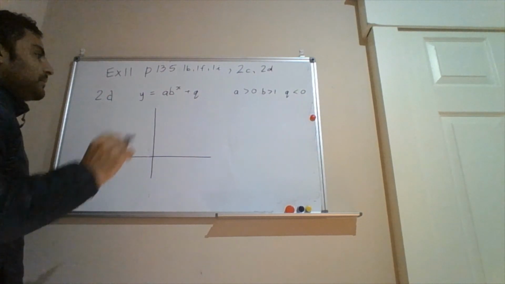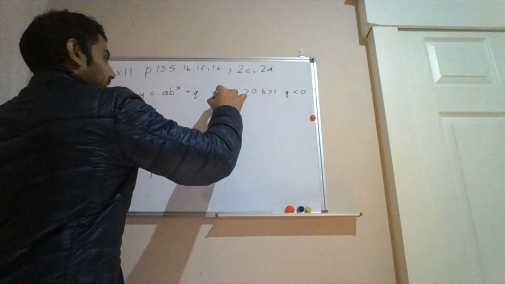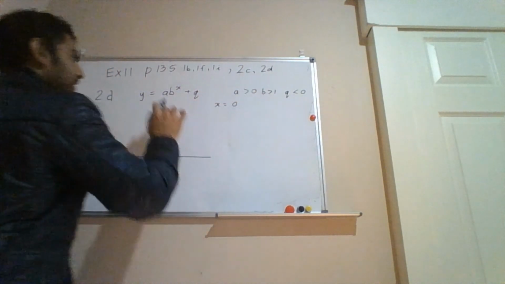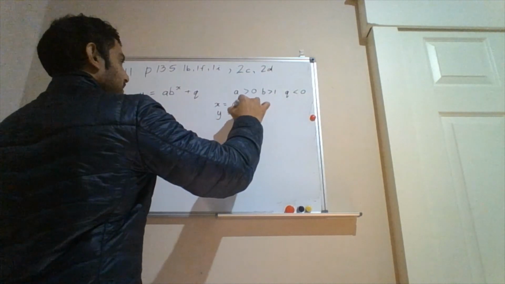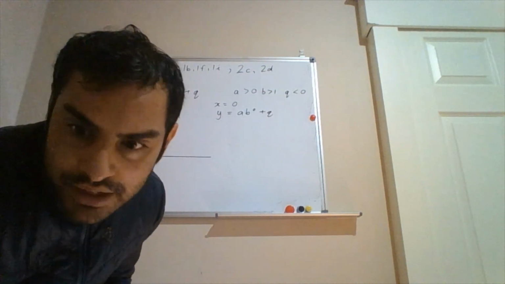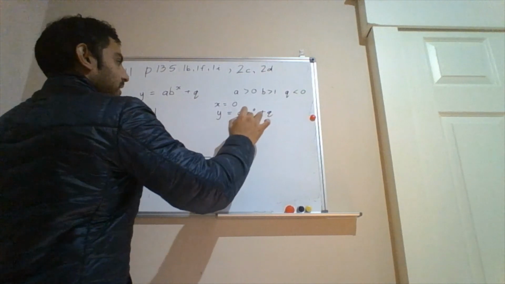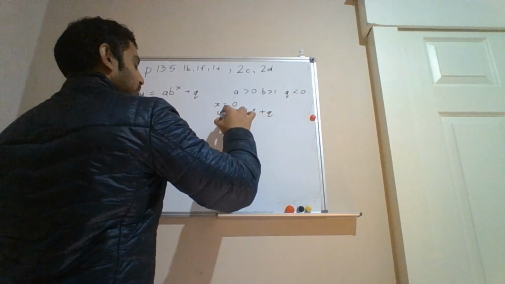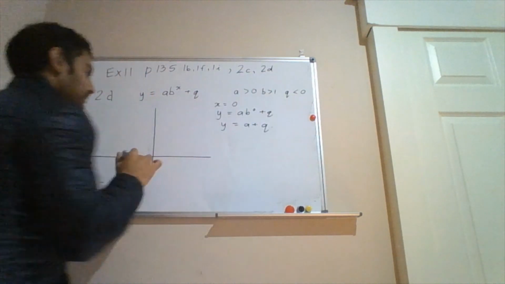So if we look for the y-intercept, and if we set x equals to 0 and put it into this equation, we get y equals a b to the power of 0 plus q. And if we work this out, b to the power of 0 is 1, so we get y equals a plus q.